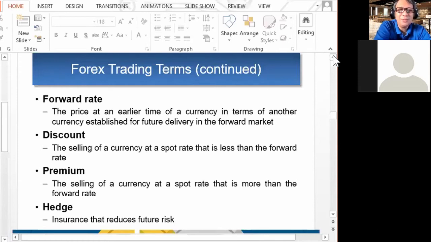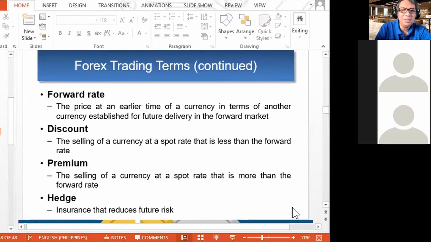Another terminology is what we call the discount rate. This is the selling of a currency at a spot rate that is less than the forward rate. So what does that mean? The spot rate should be less than the future rate.